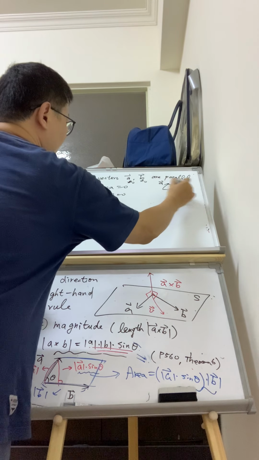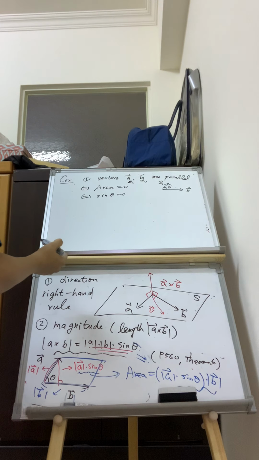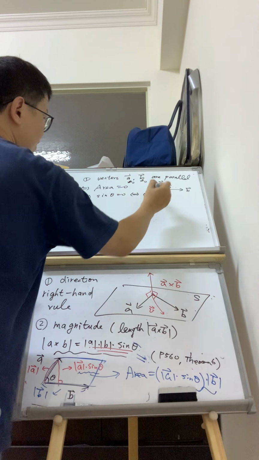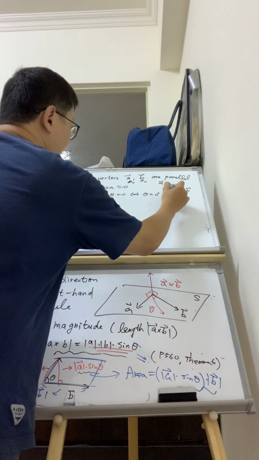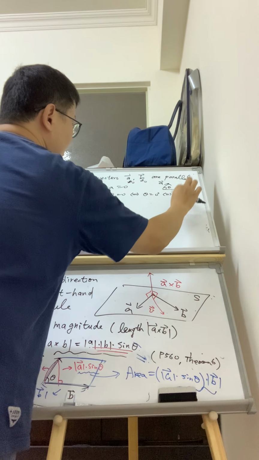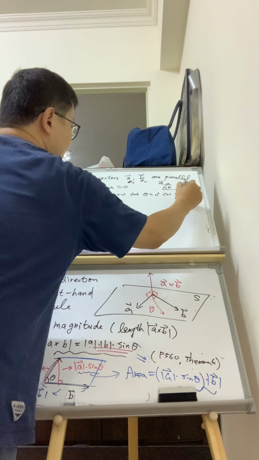Here is our vector A, our vector B, and the angle theta. So sin theta equals 0 means that theta equals 0 or 180 degrees. So it means that they are parallel, and we use this notation.